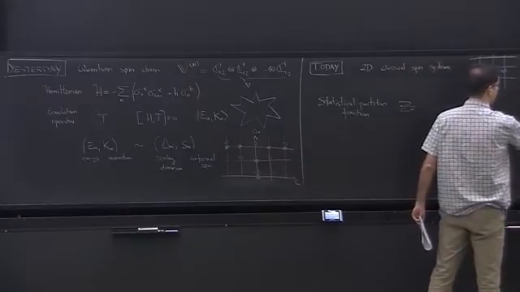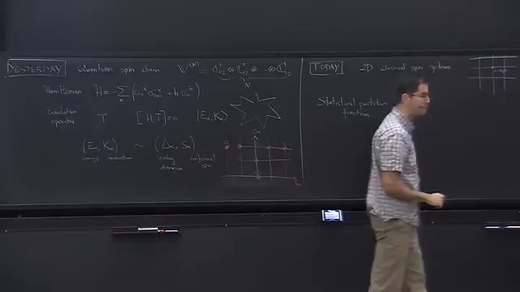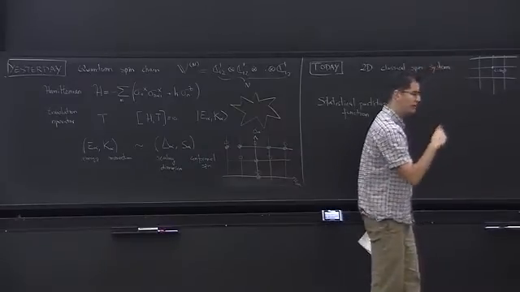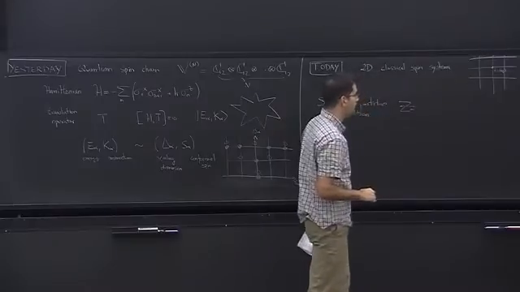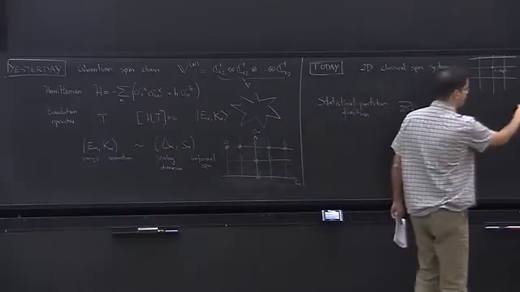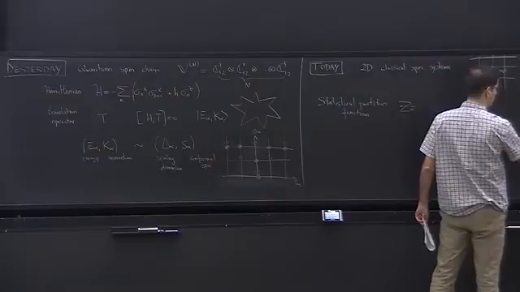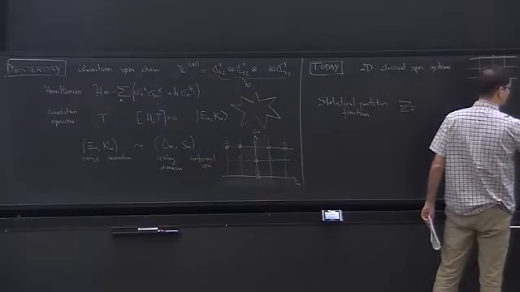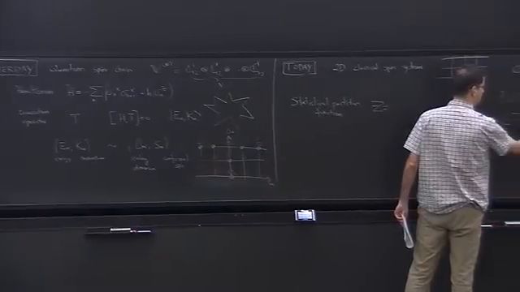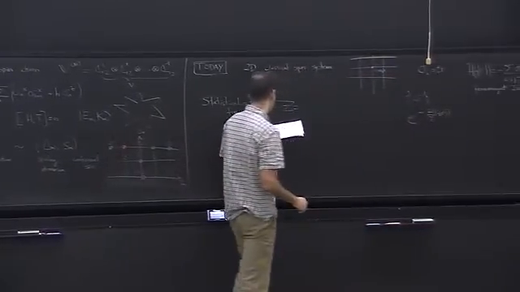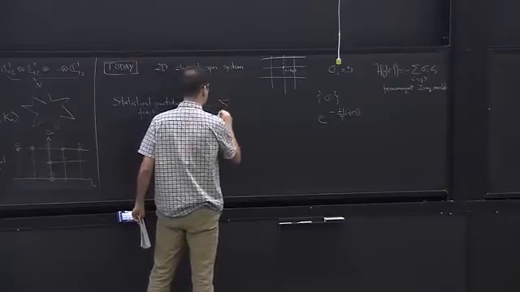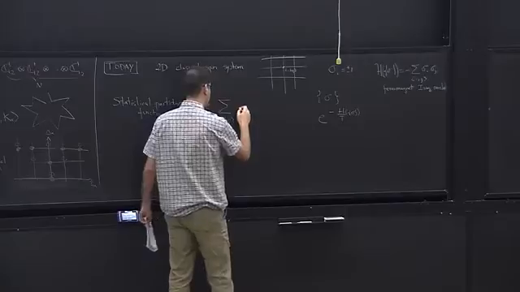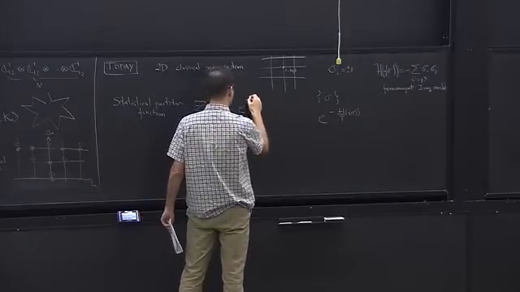This will denote a configuration of all the spins. So a choice of up, down, up, down, plus 1, minus 1, etc. And we're going to attach a weight to that, which is going to be proportional to exponential of minus the Hamiltonian divided by t, the Hamiltonian evaluated on that configuration. And so the partition function is just going to be a sum over all possible configurations of those weights. Okay? The usual Boltzmann weights.